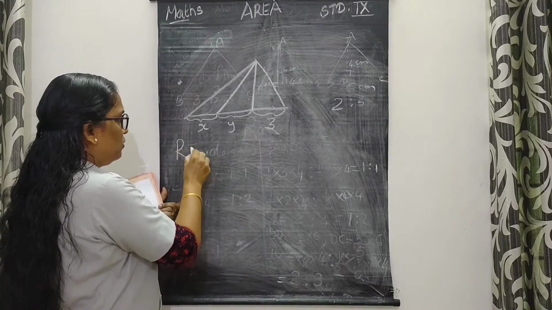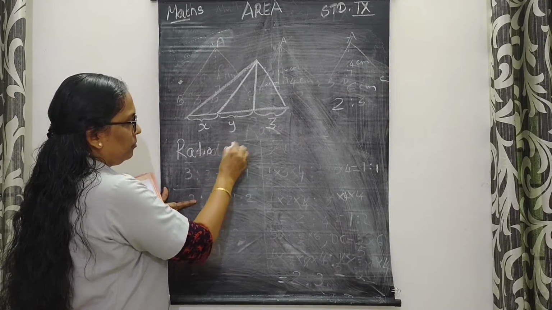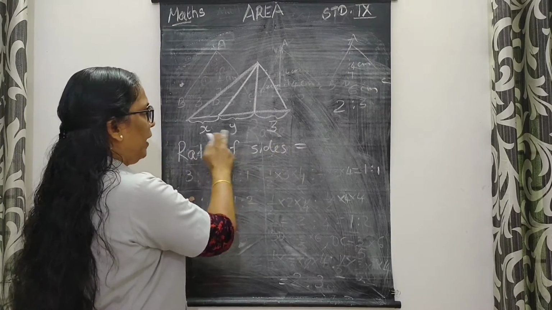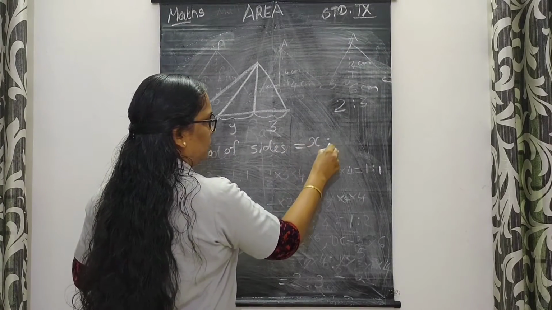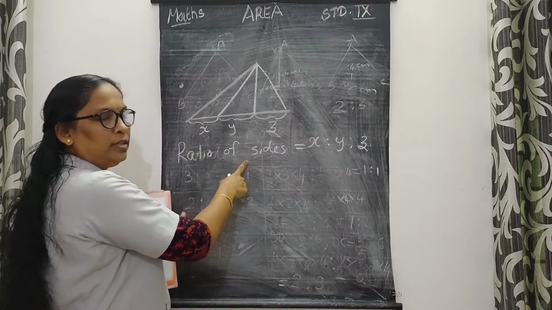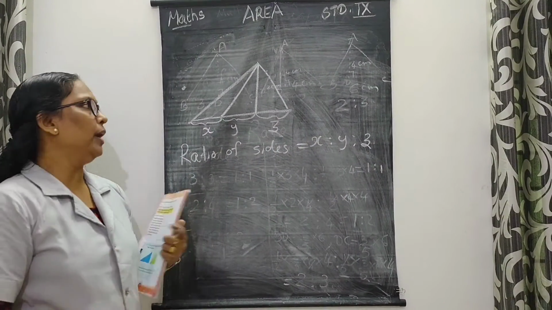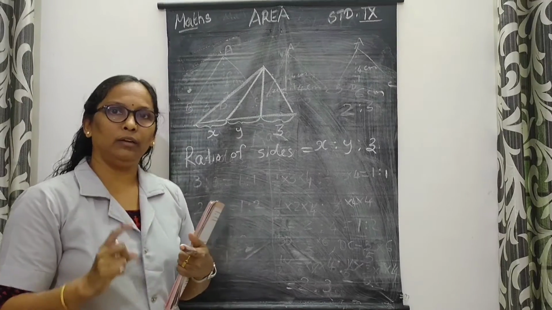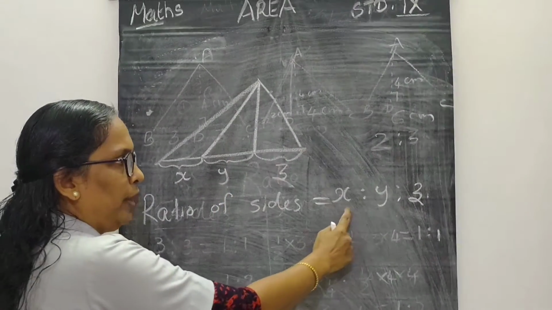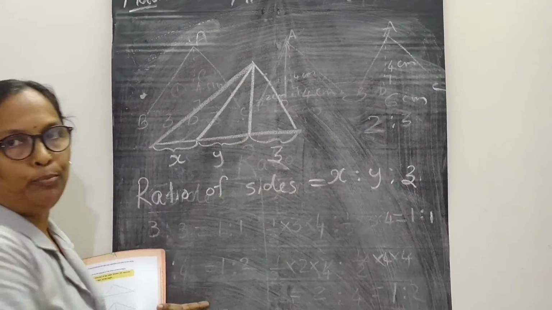Ratio of sides equals x is to y is to z. This is the ratio of the sides. We have to show that the ratio of the areas of these three triangles is also equal to x is to y is to z. That we have to prove.